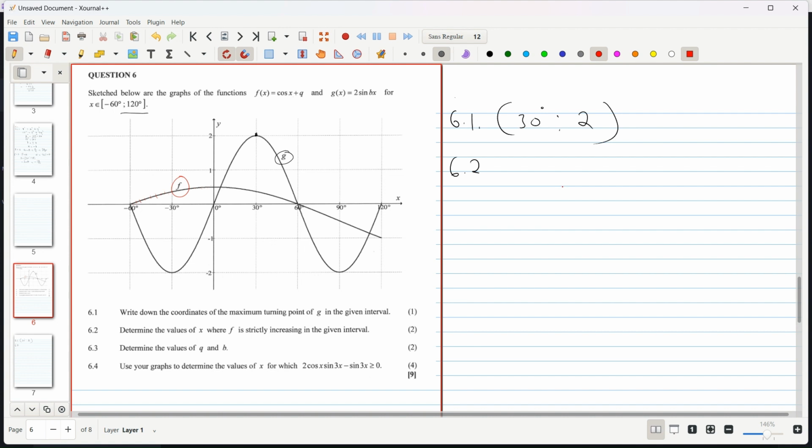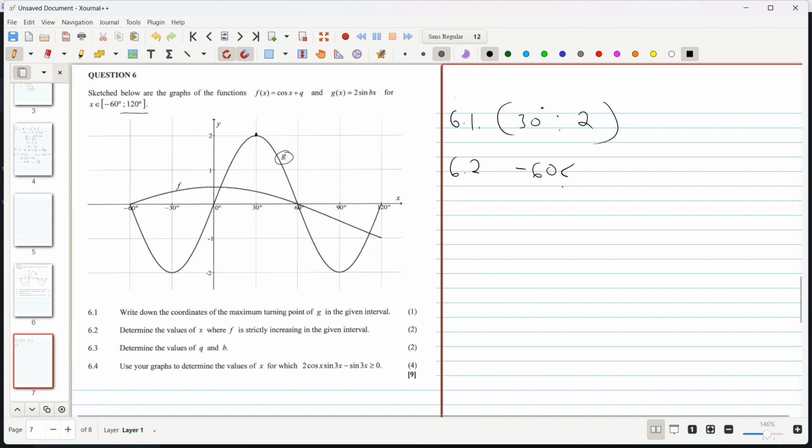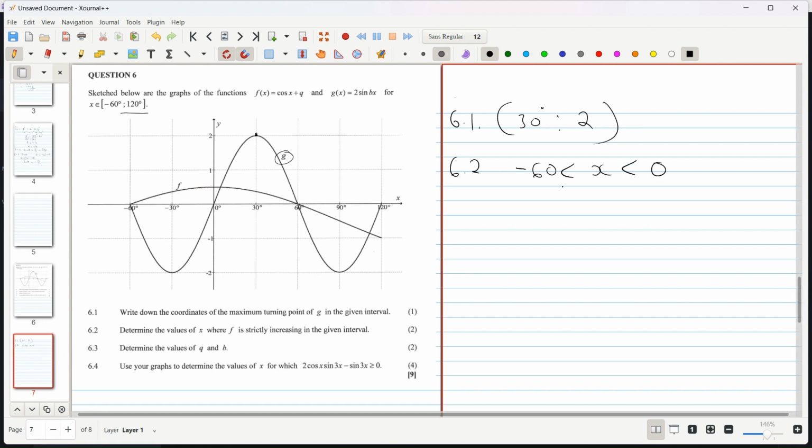As we stated, it's increasing between negative 60 and 0. So between negative 60 and 0, our function f is increasing.